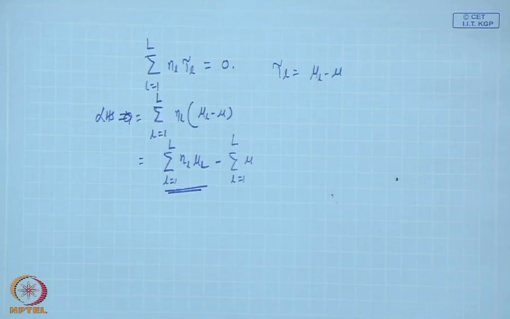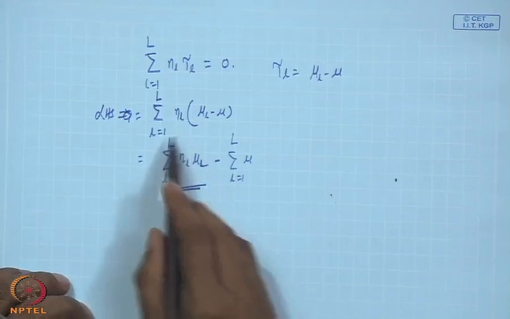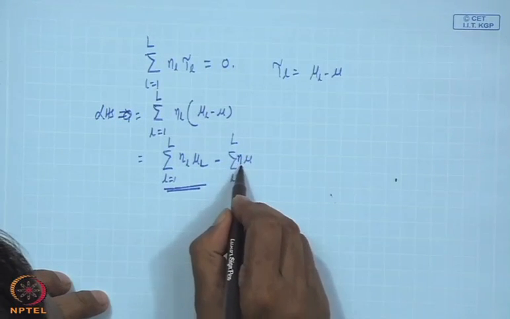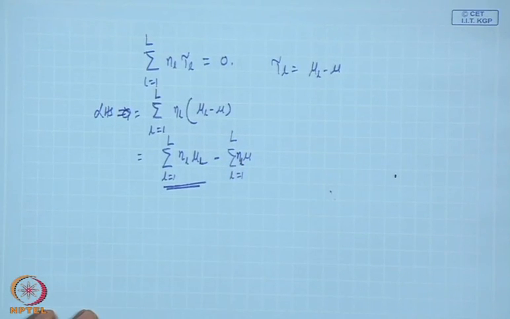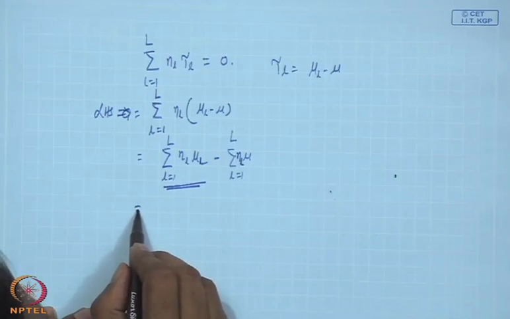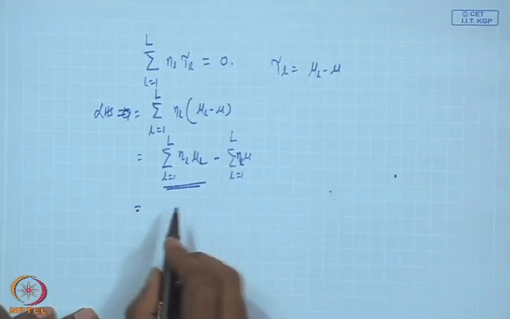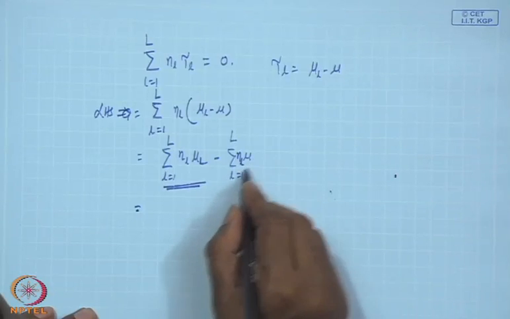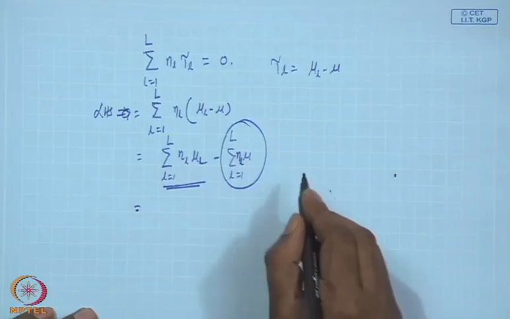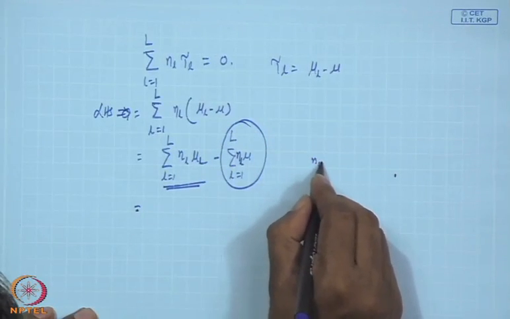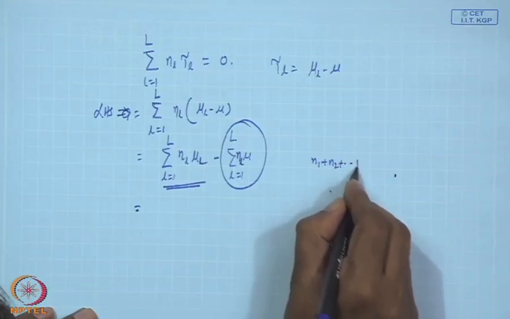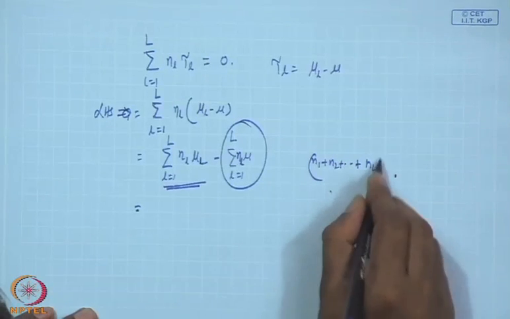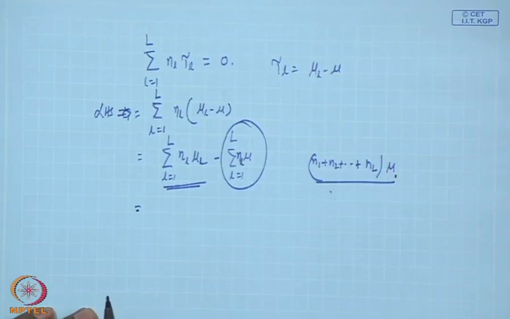Okay. And then that will be cancelled out, and it will be N L, here N L is there. So, what we mean to say is that this quantity is N 1 plus N 2 plus N L into mu, yes or no?